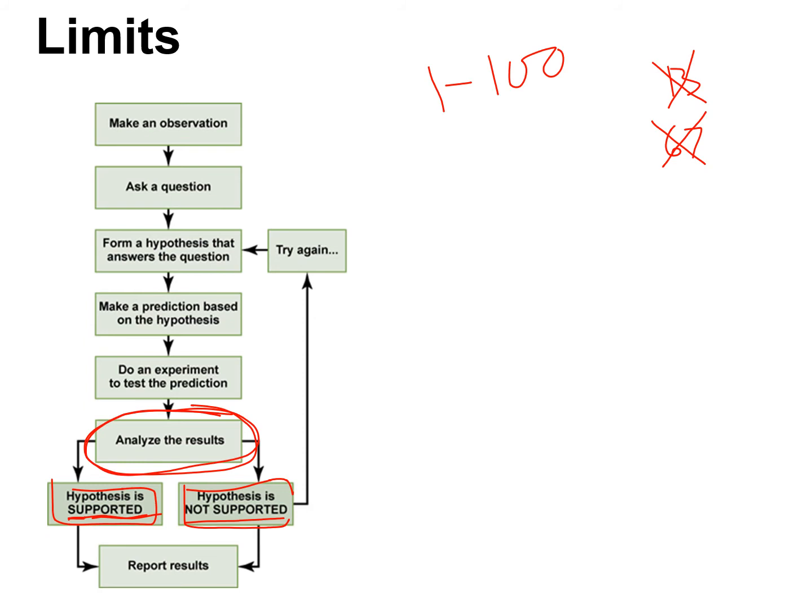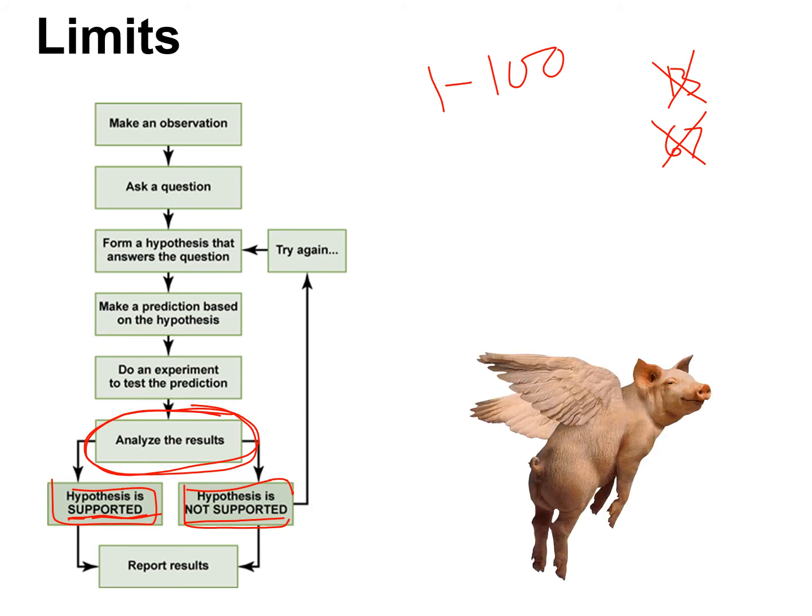The other thing about science is it cannot prove a negative. So, for instance, if your hypothesis is that pigs cannot fly. Pigs do not fly. So your prediction could be if you took a pig up to the top of a building, you push the pig off the building, the pig will not fly.